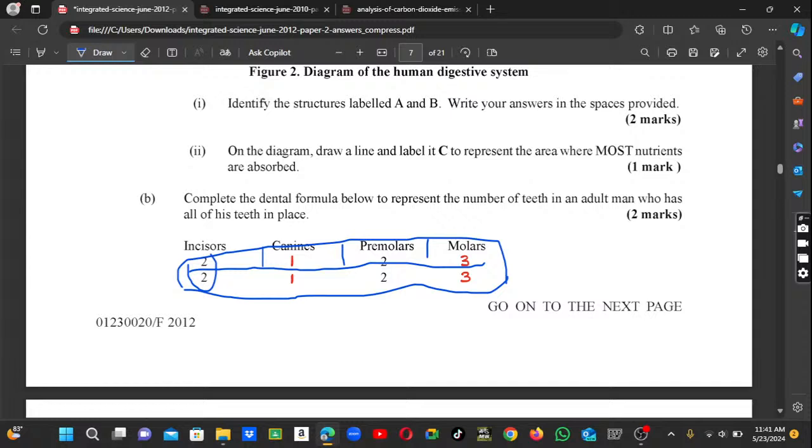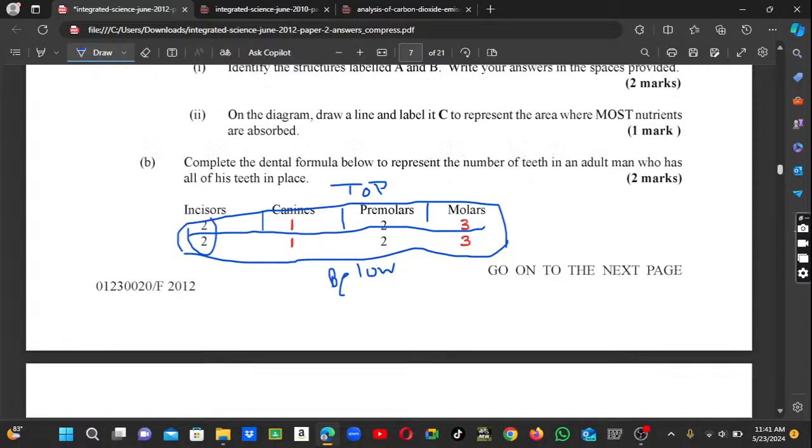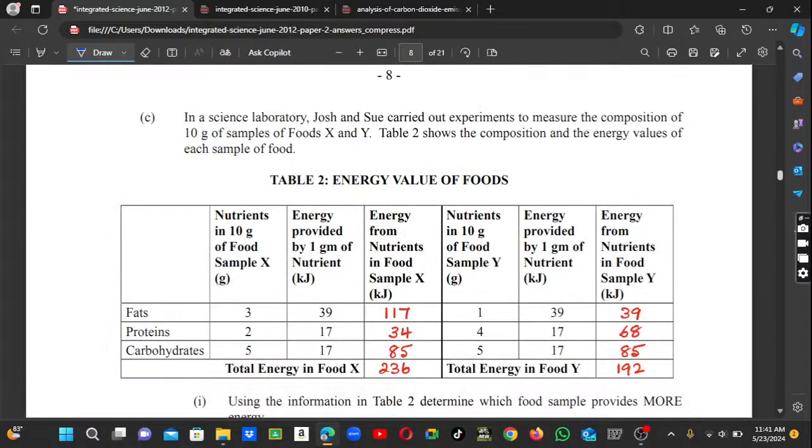So this would be top and this would be below. This is how we need to format the formula for the tooth structure. I hope you see this a little differently.